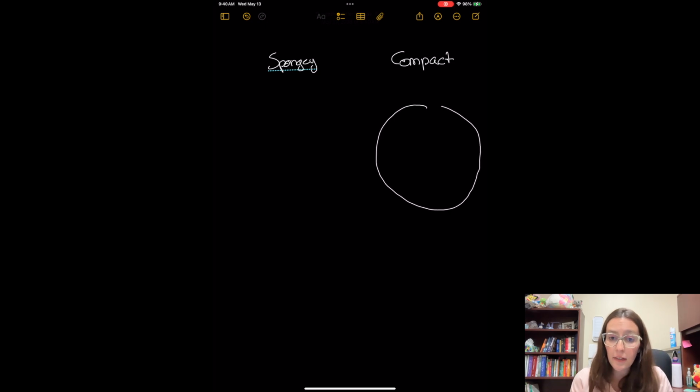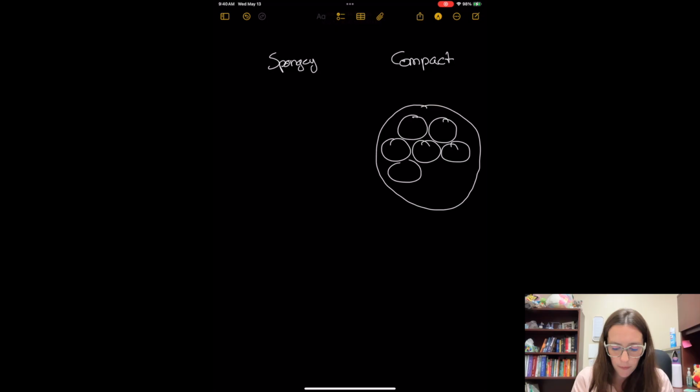So compact bone, let's imagine I have one big bone here. Inside the bone, we have many, many rings. Think of it kind of like a circular forest, as it were. These rings are referred to as osteons.